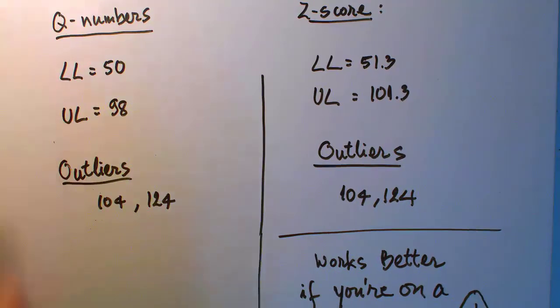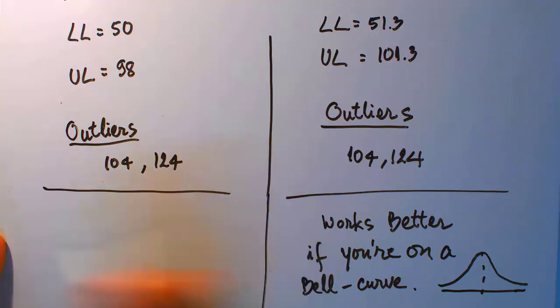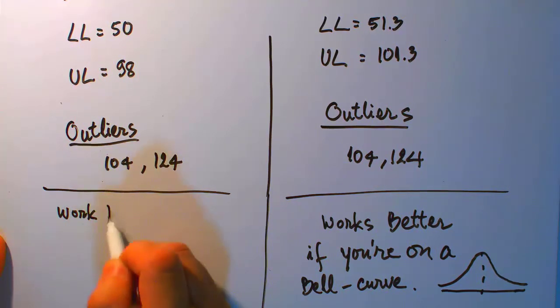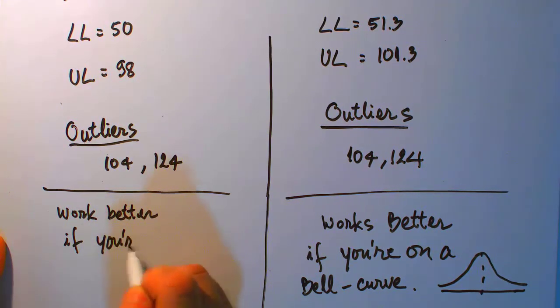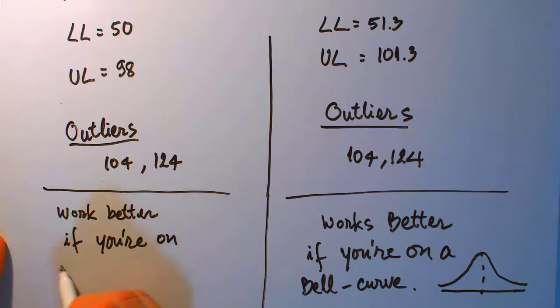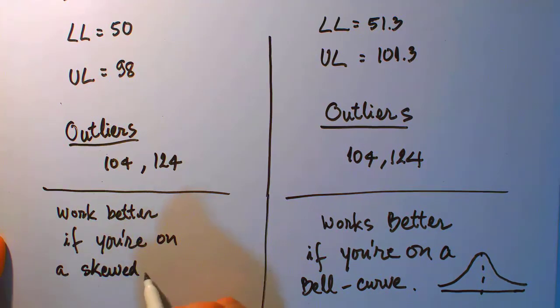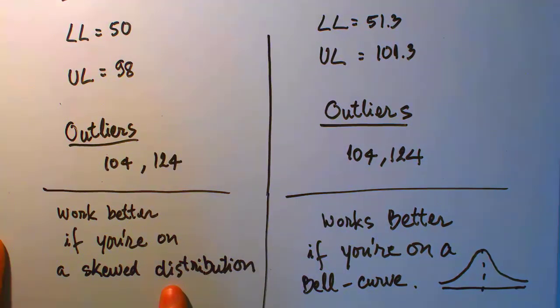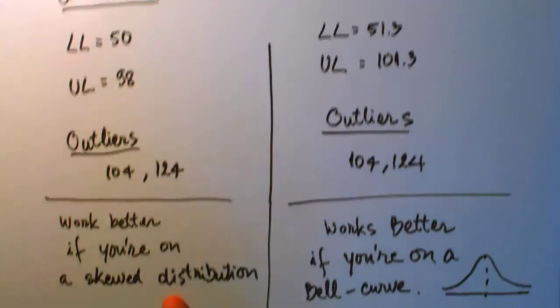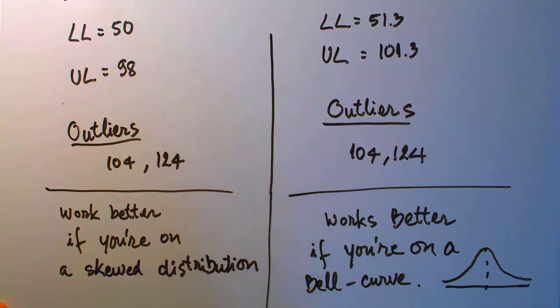Using the Q numbers method is going to work better if you're on a skewed distribution. And formally speaking, I haven't had a proof for this result, but due to my own experience working with a lot of stats, I found out that the Q numbers tend to work better when your data is on a skewed distribution.